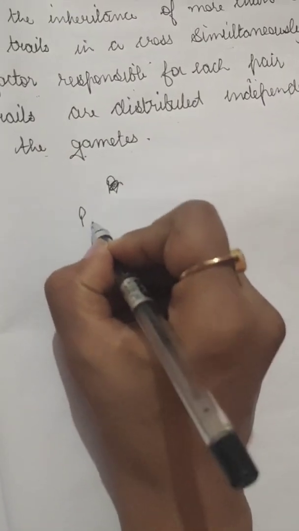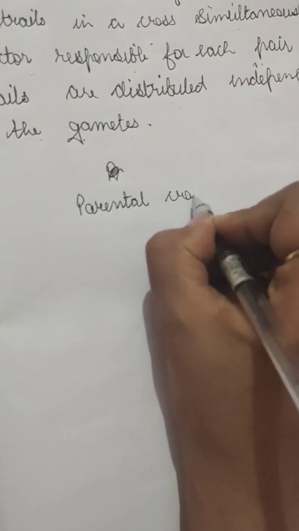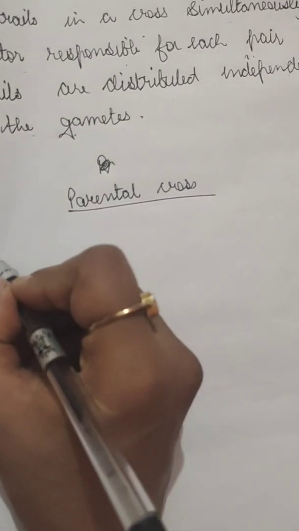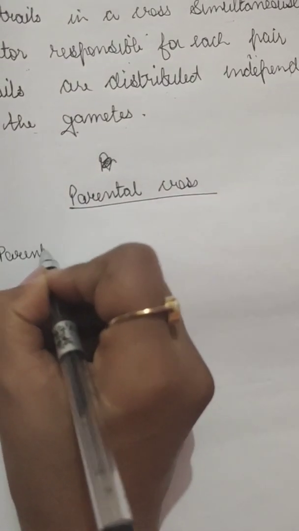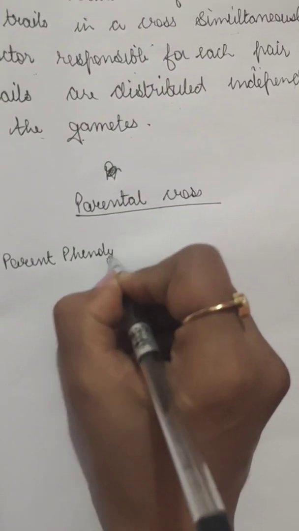How did the cross happen? So in the dihybrid cross, first there will be a parental cross. For this we have to take a parent phenotype. Phenotype is the character which we see with our eyes.